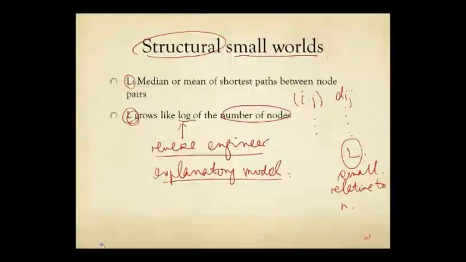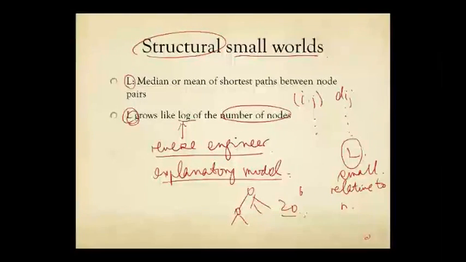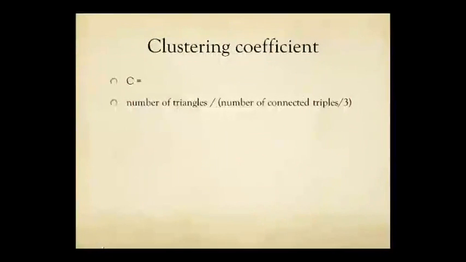But whatever explanatory model we have, it can't be just a tree growing like this, 20 to the power 6. Because we know that violates another observation empirically made in social network.